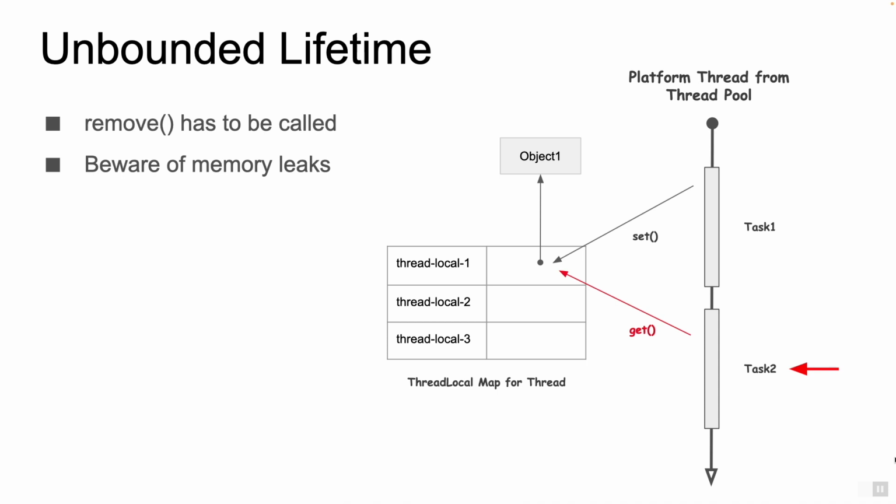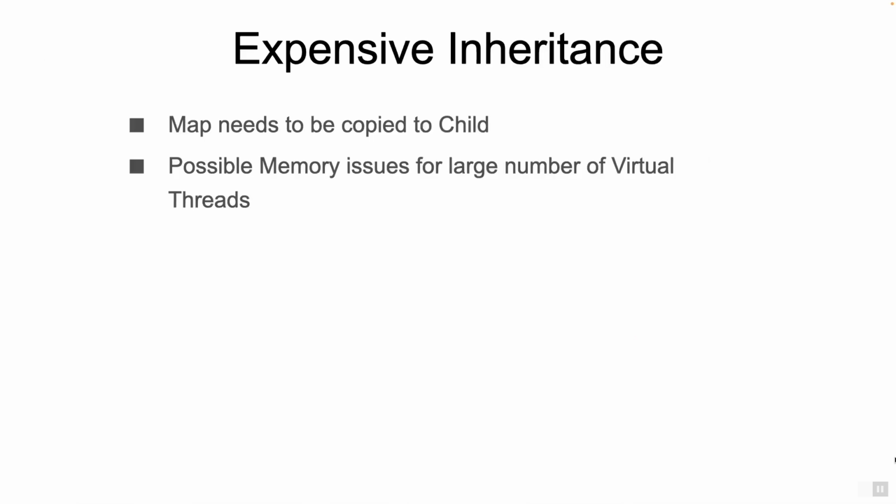Now, this scenario could create some very hard to debug problems and possibly some security issues too. As developers, we should be always removing the thread locals from the map, possibly in the finally block.